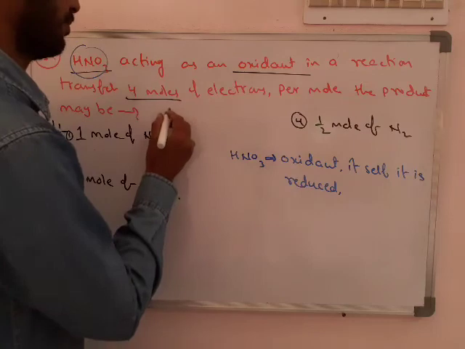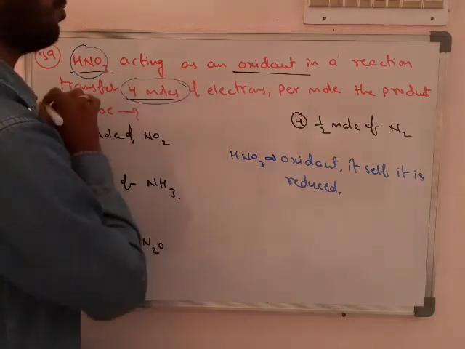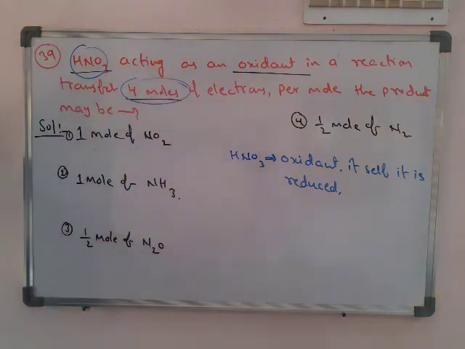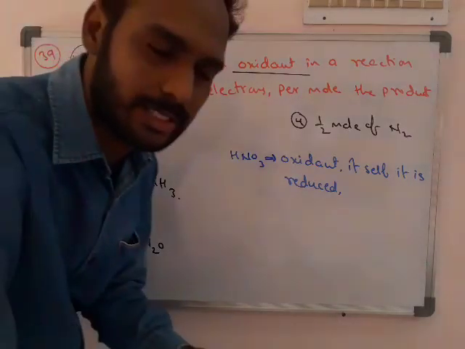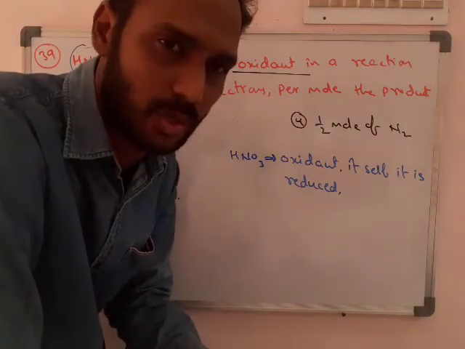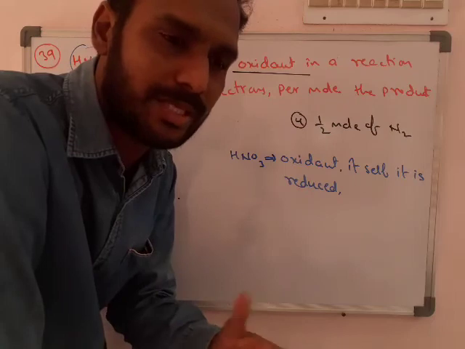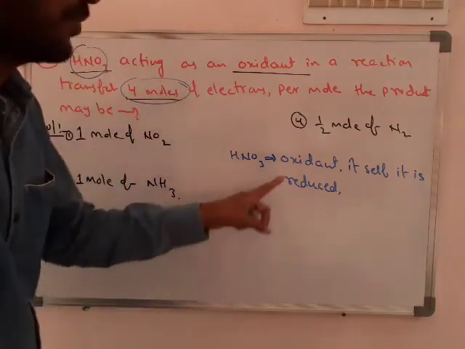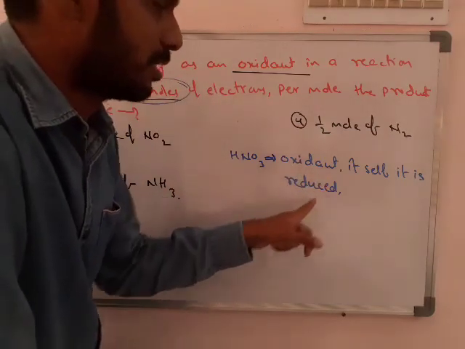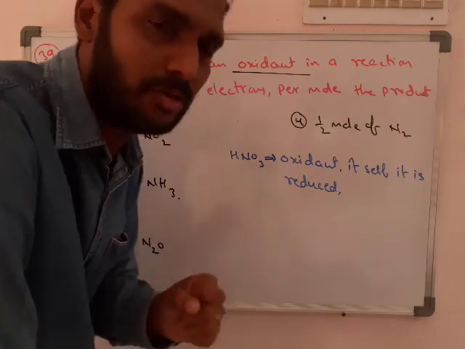So by the transfer of 4 moles of electrons. So oxidizing agent means itself it is oxidized... sorry, it works as oxidant. So itself it is reduced. Reduced means gaining of electrons.